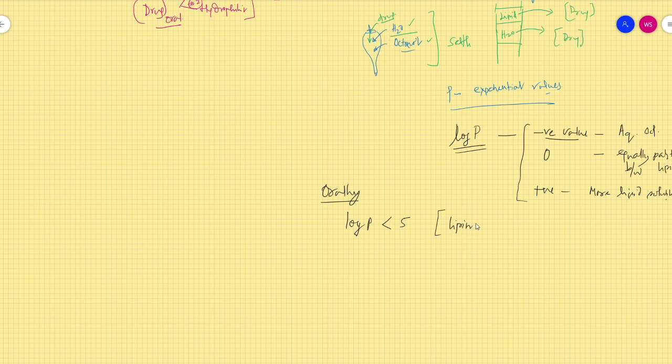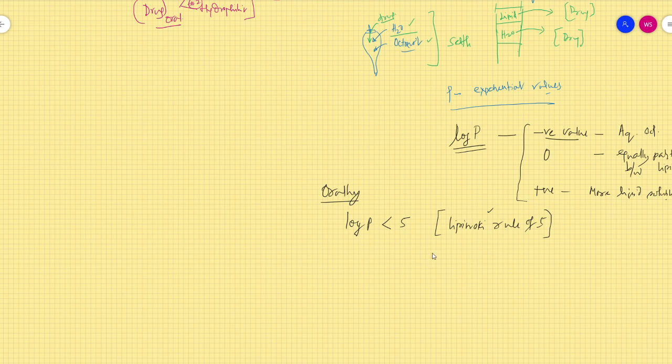Okay, Lipinski rule of 5. This is an empirical rule that tells you about the conditions under which chemical drugs would be orally bioavailable. Okay, so one of the requirements of Lipinski's rule of 5 is that the log P value be less than 5 for an orally administered drug.